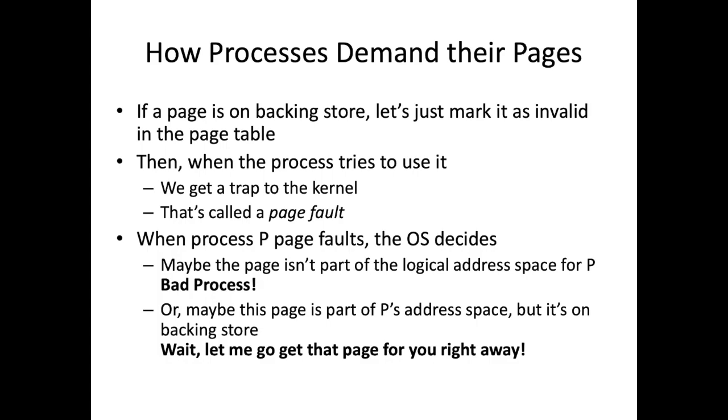But now we have to worry about the idea that a process could access an invalid page, and maybe that's a page that the process should have. It just doesn't happen to be memory resident right now. In that case, if the OS can determine, oh, you're trying to access a page that you should have, I've just got it on disk instead of main memory, then instead of killing the process, the OS is going to service that page fault. It's going to go get it off disk and bring it into main memory.